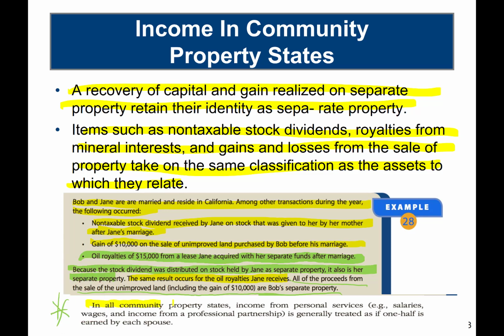In all community property states, income from personal services, salaries, wages, is generally treated as half earned by each spouse, right? So we have property in which there's income that could be separated, but in terms of work, the income that is generated from the fruit of your labor is always considered community property in the community property states.